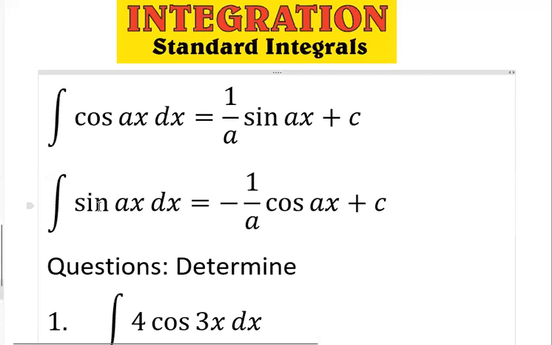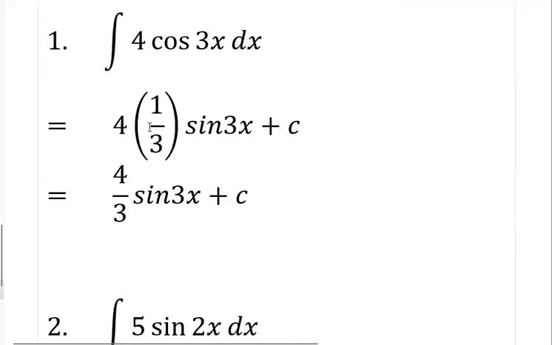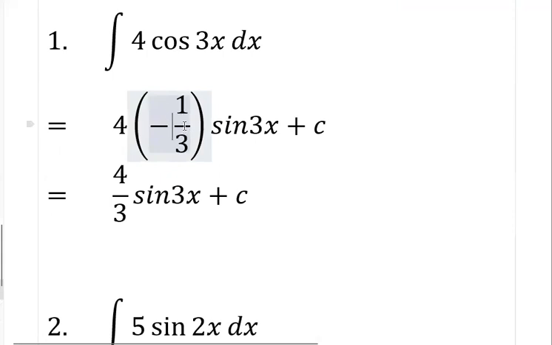Since we are integrating sine 2x dx, we are now going to have minus 1 over 2 cos 2x. So let's bring it down here. We are going to have a negative sign this time around, because that's our standard integral.